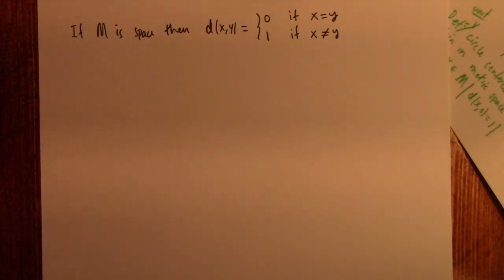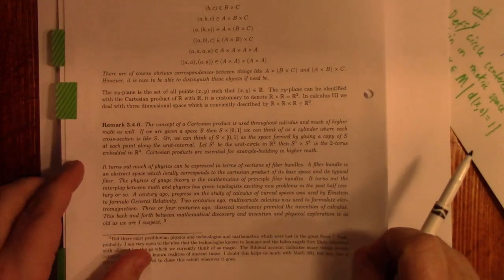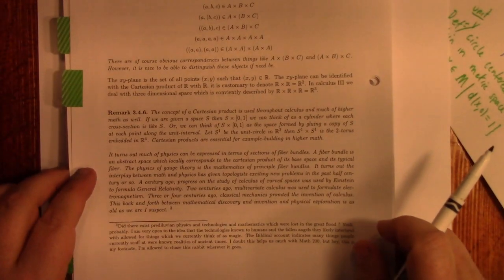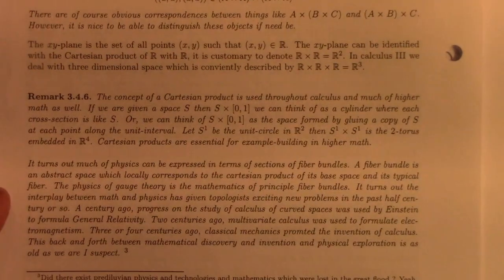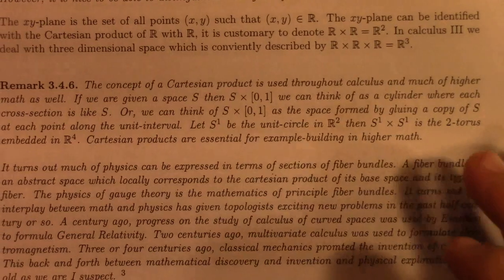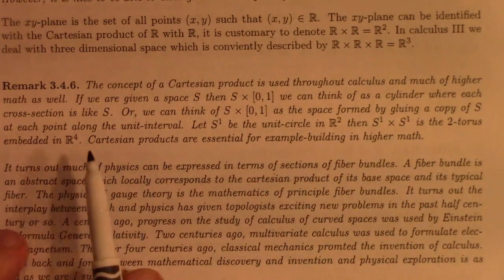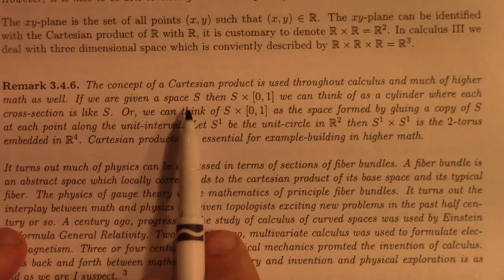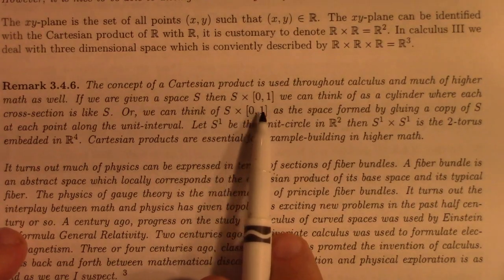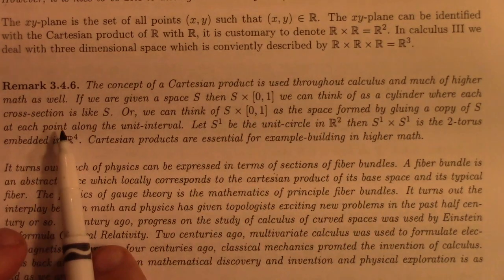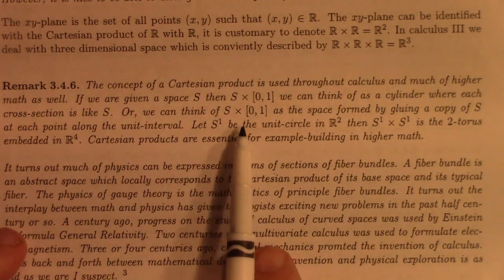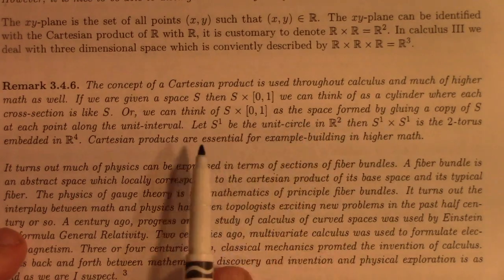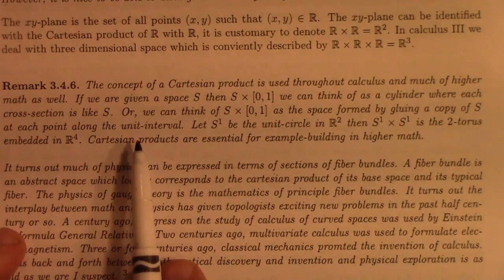One of the examples I have in the notes that we should sit and look at for a second is the concept of a Cartesian product, which, like I said, is used throughout calculus and higher math as well. We can think about a space S, then the space S Cartesian product with 0, 1 as a cylinder, where each cross section is like S. Or we can think of S cross 0, 1 as a space formed by gluing a copy of S at each point along the unit interval.